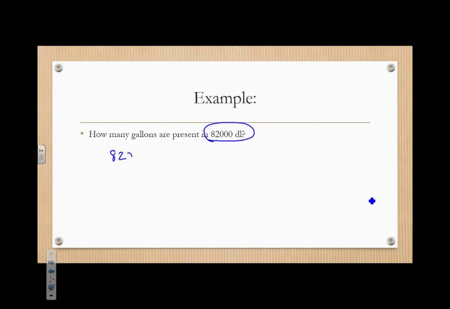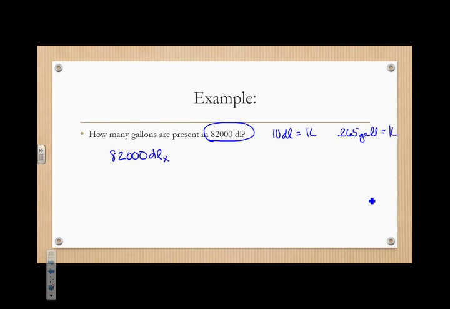So I have 82000 deciliters, and I want to go to gallons. So I know from my metric system conversions that 10 deciliters equals 1 liter. And I know from our common conversions that 0.265 gallons equals 1 liter.